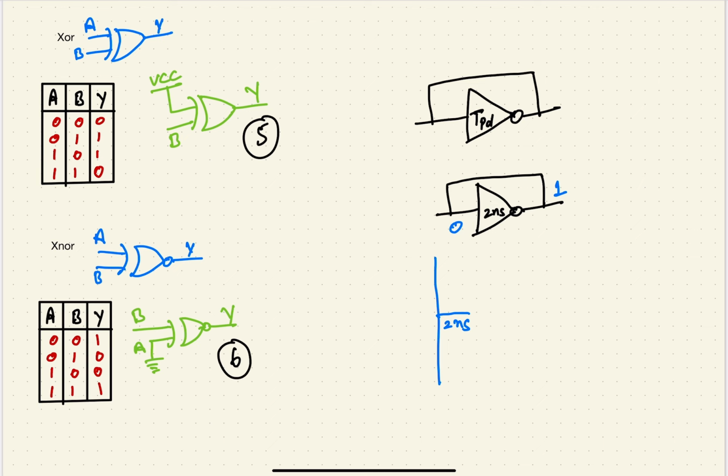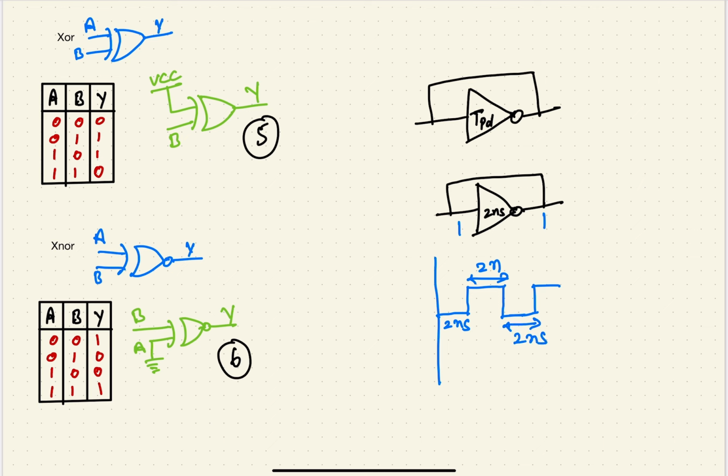Consider the previous input is 0, so it is transmitted here, and after 2 nanoseconds the output updates and converts from 0 to 1. So it becomes 1. And after 2 nanoseconds, 1 becomes 0, like that. Then after 2 nanoseconds it again becomes 1.